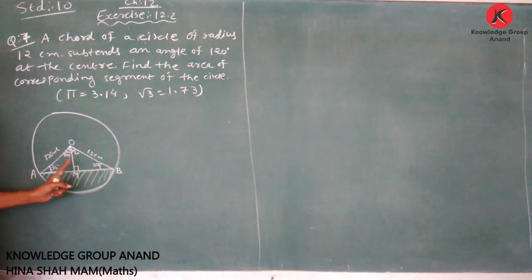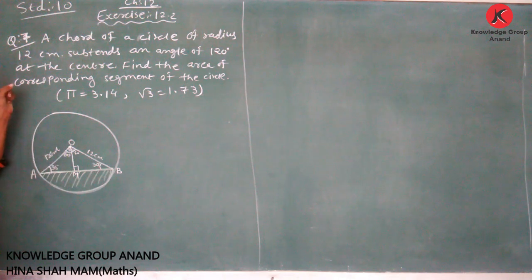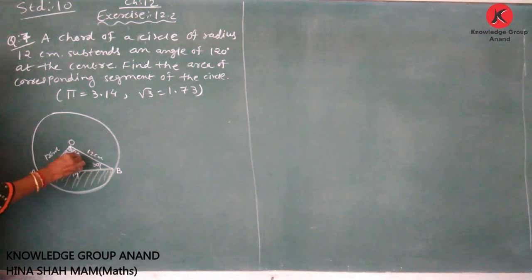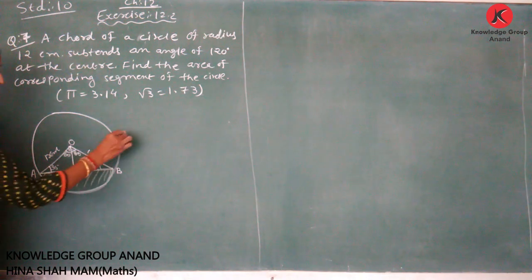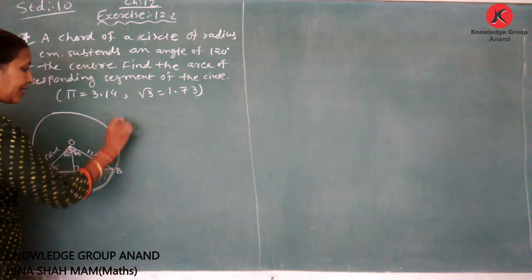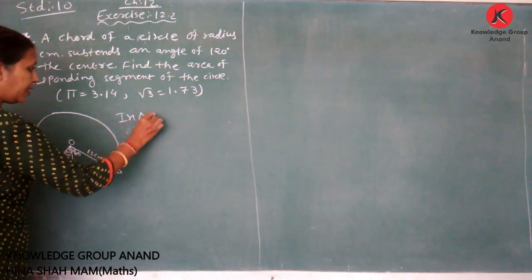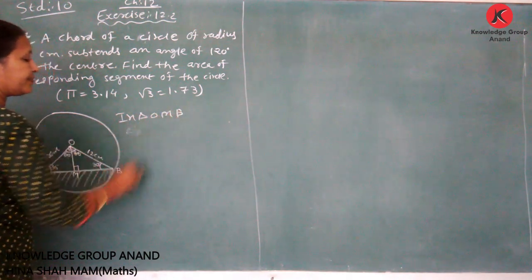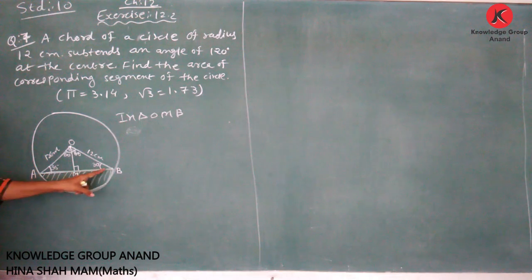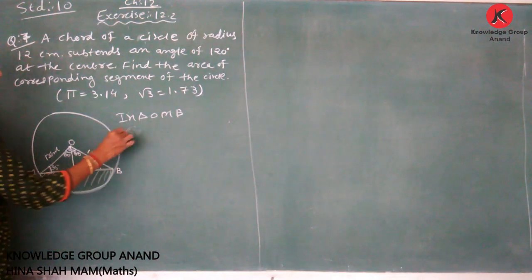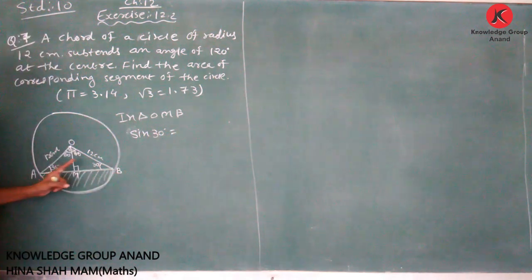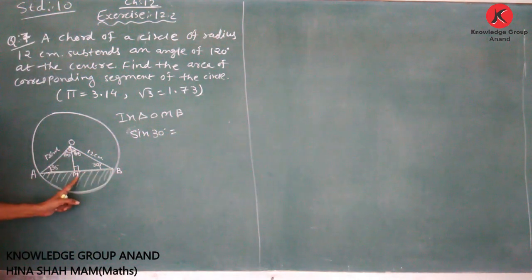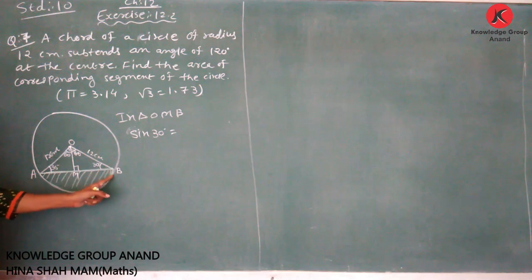We use trigonometry, like example number 3. We use trigonometry in this question. In triangle OMB, sine 30 is equal to opposite side upon hypotenuse.